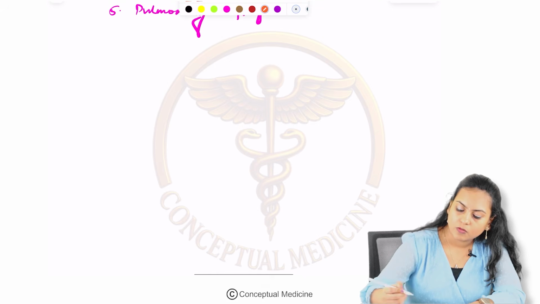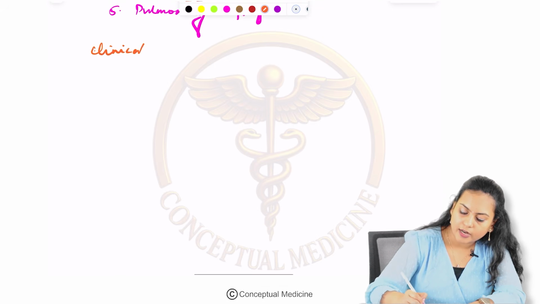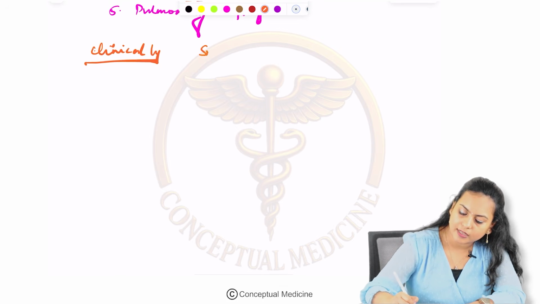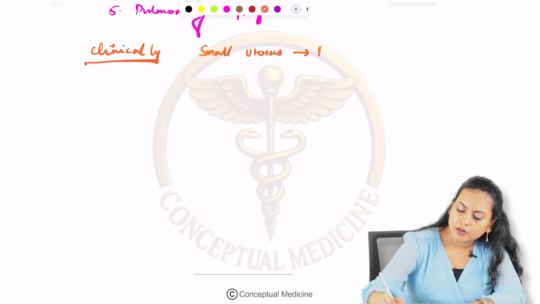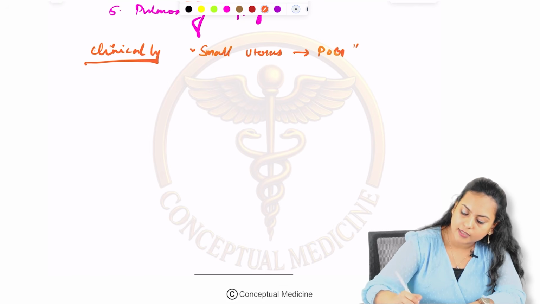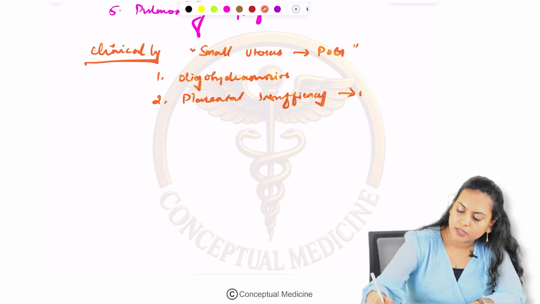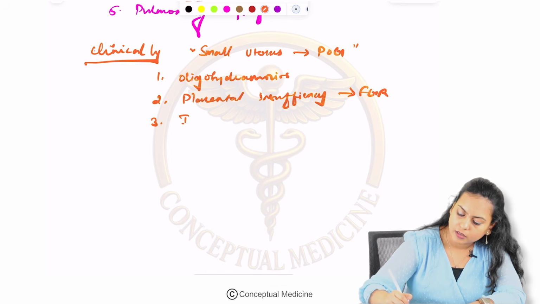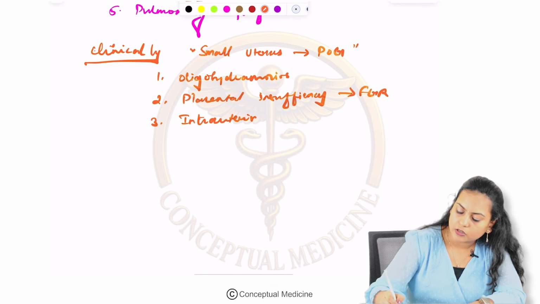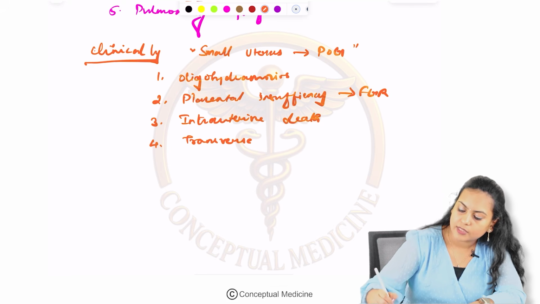Okay. Now, how can we identify oligohydramnios clinically? Basically, there is a small uterus compared to the period of gestation. Okay, and this small for gestational age uterus can happen with oligohydramnios, placental insufficiency, especially in cases of FGR, intrauterine death, transverse lie.